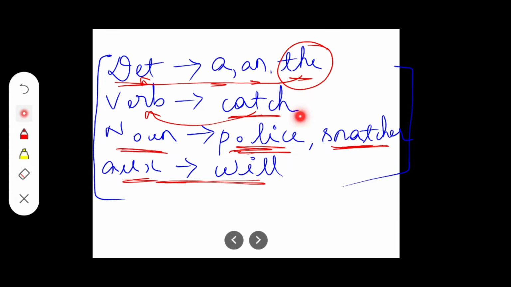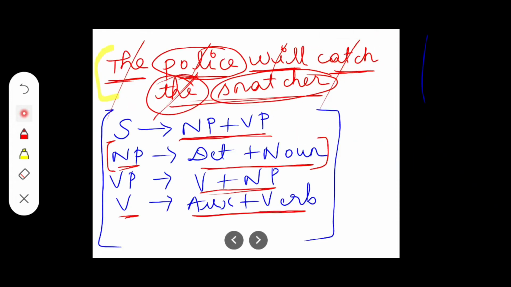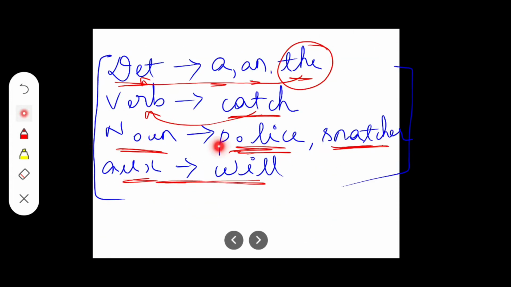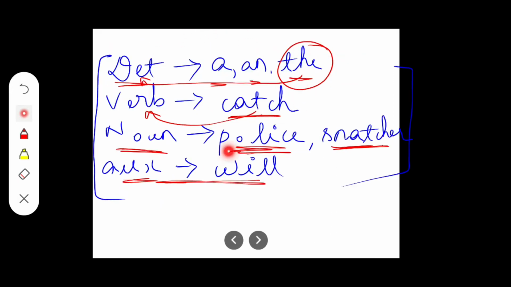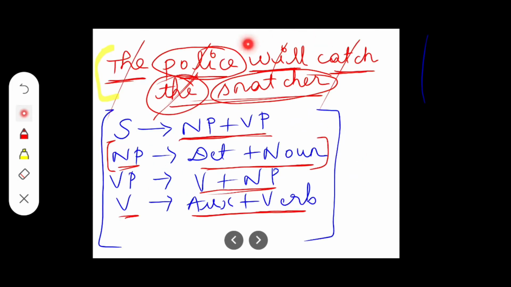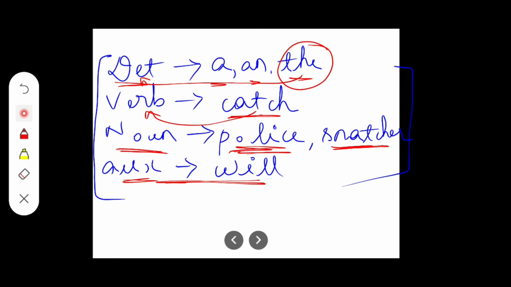The verb is catch. In this sentence the verb is catch, and the nouns are police and snatcher. In this sentence we'll be having only the two nouns, that is police and snatcher. So I have written the same thing. And the auxiliary verb is will, only one auxiliary verb. I have taken the same.